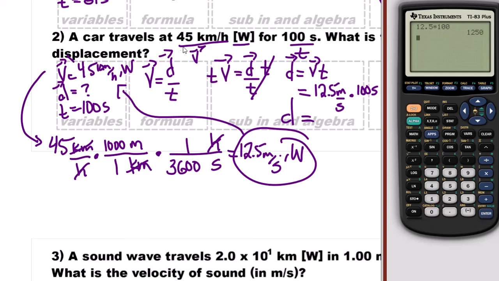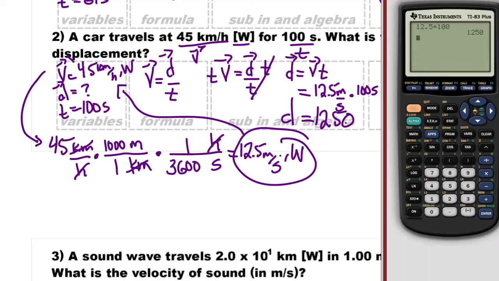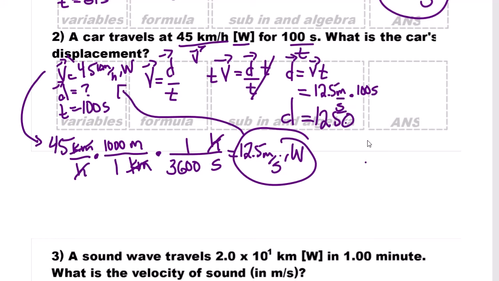Now I'm only allowed 2 sig digs here, so let's write this down, and then we're going to have to use some scientific notation. So our d was 1,250. Double check I'm remembering that right. Yep, 1250. And the units here would be meters, because that's the part of the d that I plugged in. So that's my displacement.